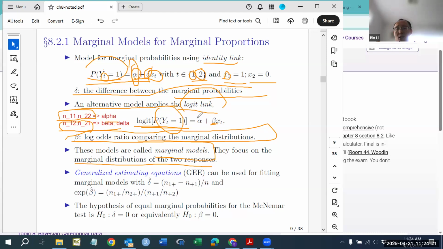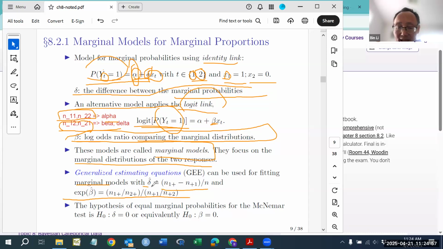Okay, so for the marginal models, the most common tool that we use is called the generalized estimating equations. So we use the GEE to fit the marginal models. Okay, and the estimate for the delta is this one, and the estimate for the exponential of beta hat is this one.